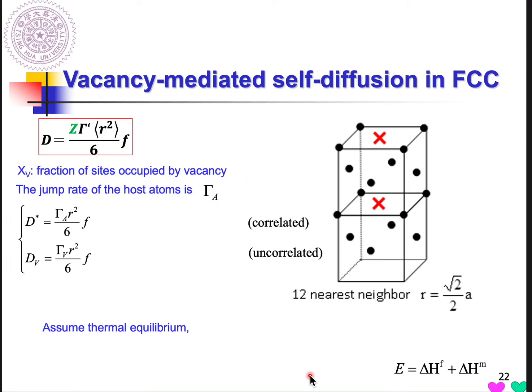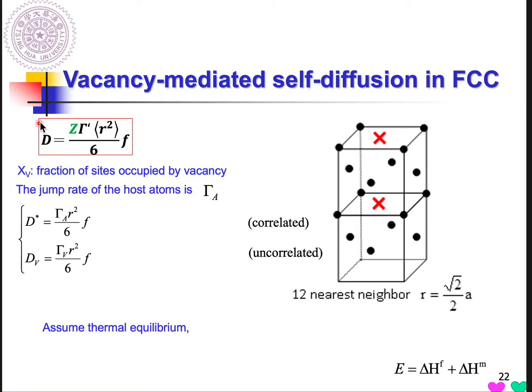Okay, let's give you an example of vacancy-mediated self-diffusion in FCC. First of all, the question here: can you write down the self-diffusivity of the atoms here? First of all, FCC, so I will write down the unit cell of FCC. You have the 8 corners and 6 atoms at the face centers, right?